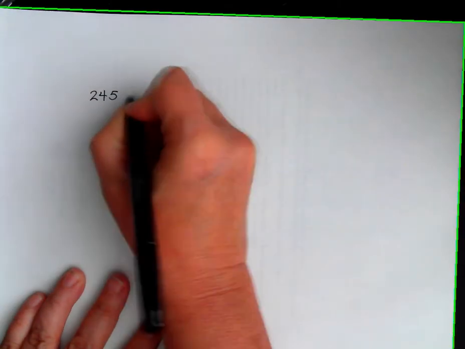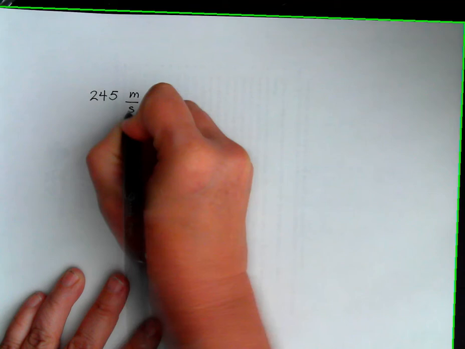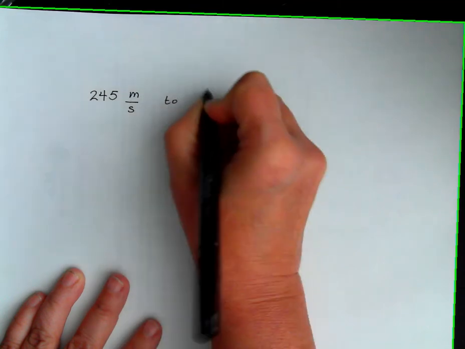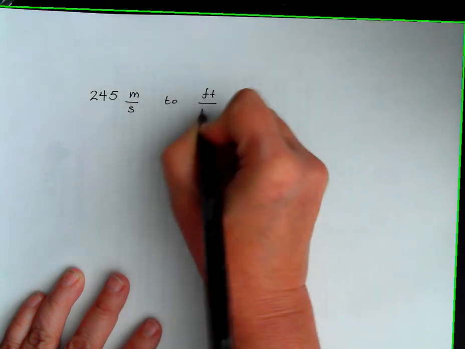So I've got my piece of paper and I want to convert 245 meters per second to feet per minute.